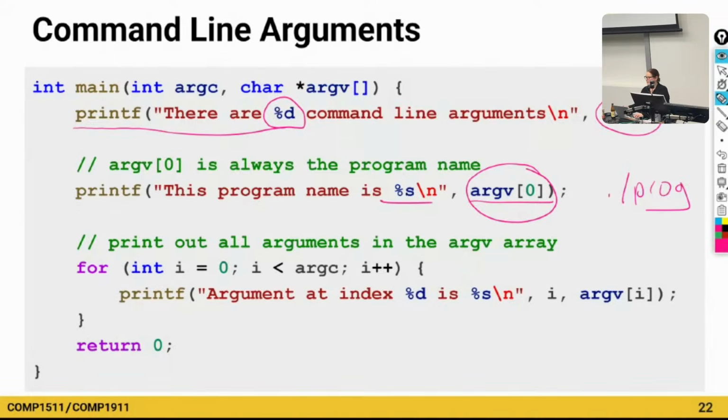And then I've got an array of strings. I can just use a loop like we just saw before that goes through the array of strings and prints out every single item in there with %s, starting at the first index, going up to the size of the array, which is the information we get in argc.